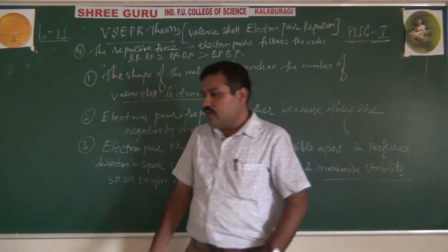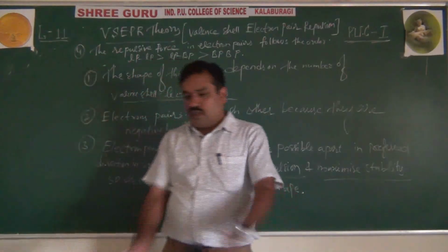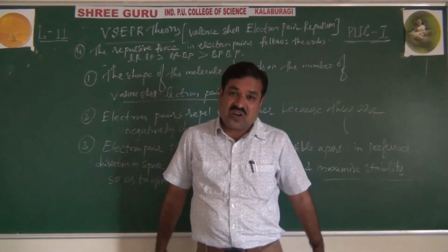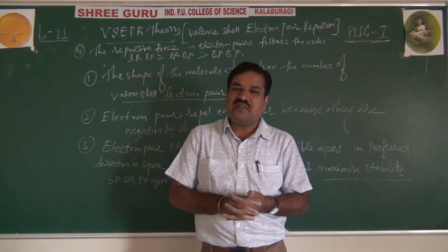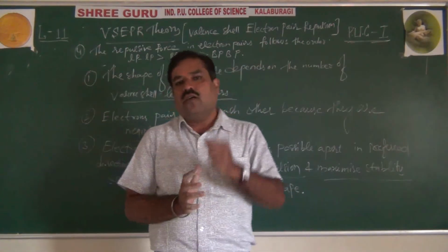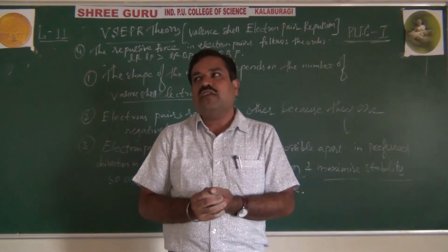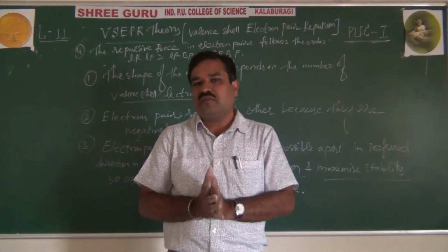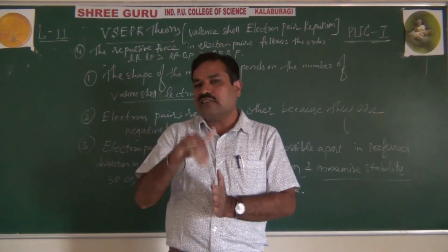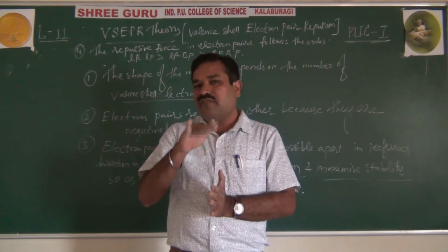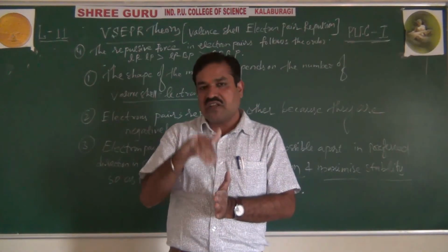That's why, if there is a lone pair, there is a distortion in the geometry. If all the electron pairs are bonding pairs, they have a definite geometrical shape, regular geometry. But if a lone pair enters, it will affect the geometrical shape.